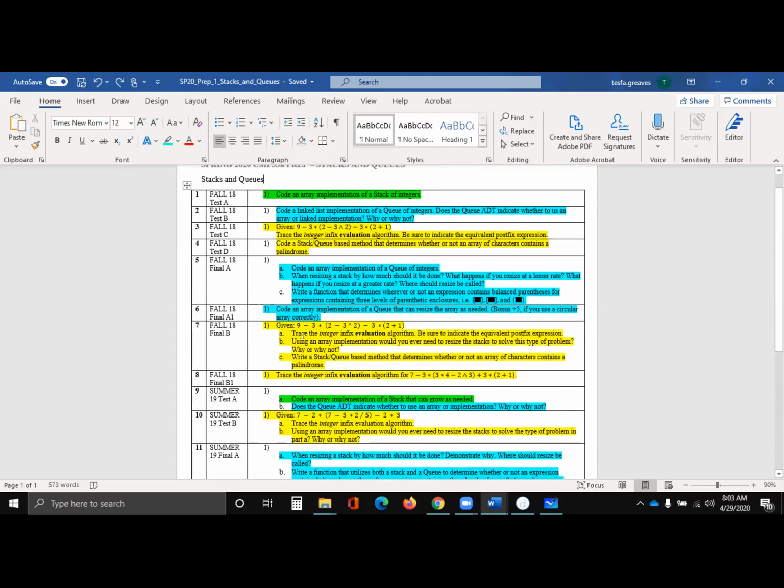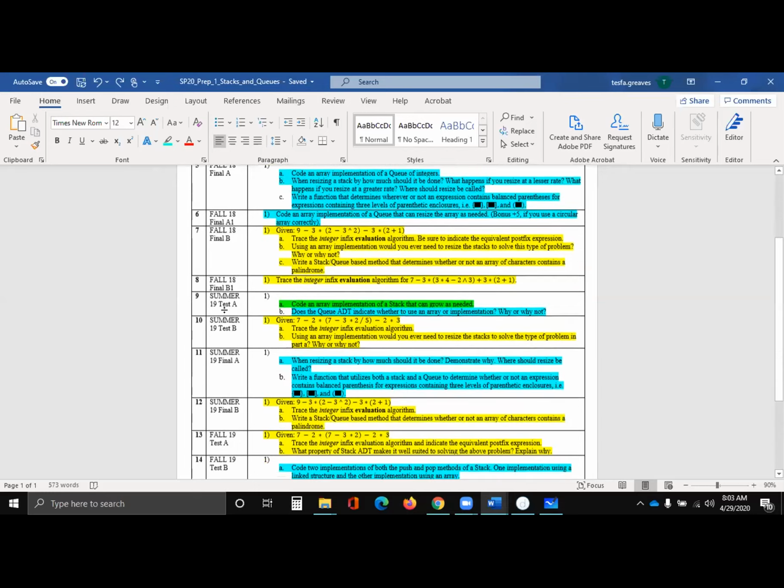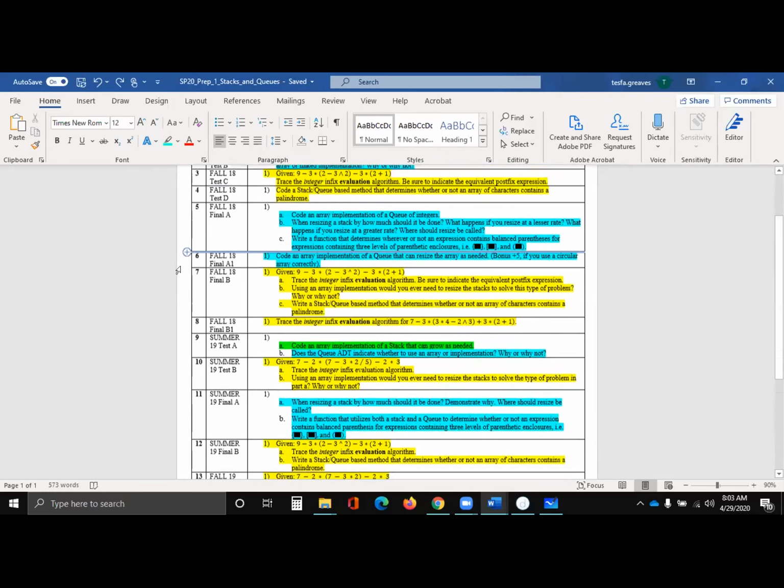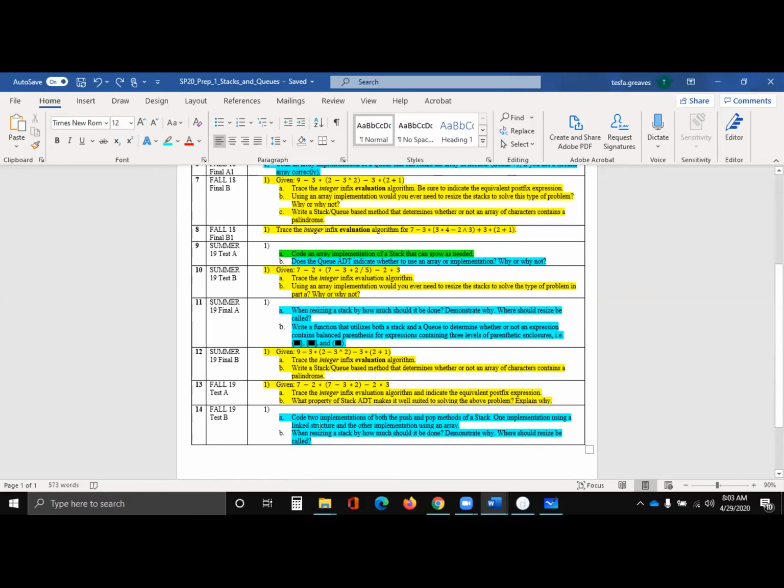Here's the legend: yellow, green, blue. Blue, let's start there, is Q. Anything related to Q, I highlighted in blue. Remember, this is in stats and Qs. These are all the exams right here on the left-hand side, numbered from 1 to 14. All the questions in blue are questions that were asked.